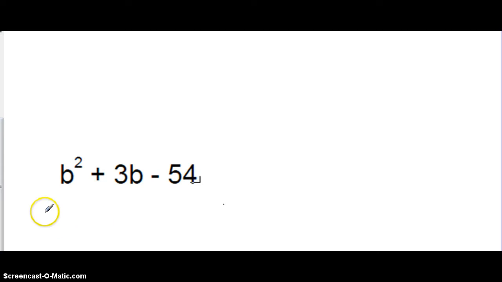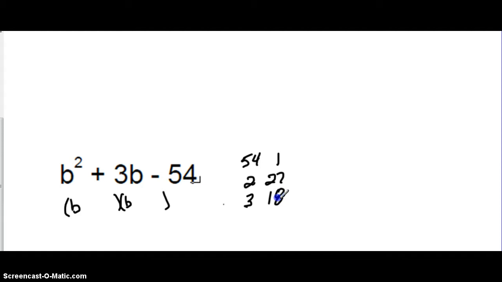How about this one? Leading coefficient is 1. Put in my variable and find some factors of negative 54. Well, let's see here. 54 and 1, 2 and 27. That's not going to work. How about 3 and 18? That's not going to work.